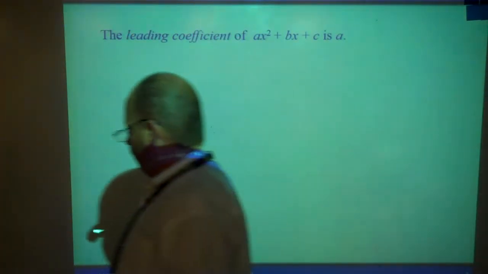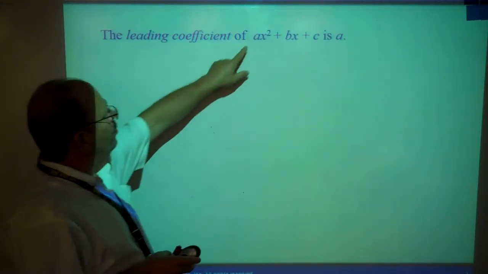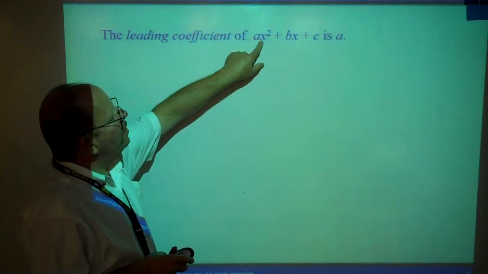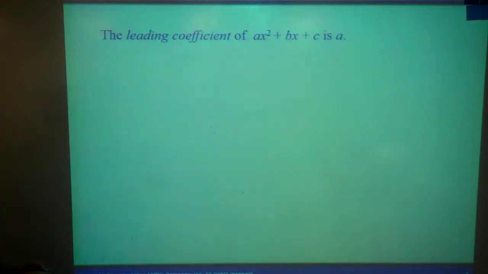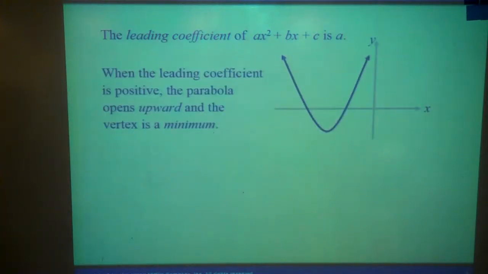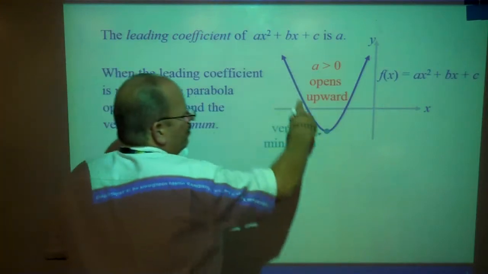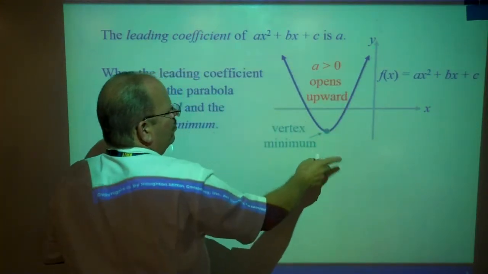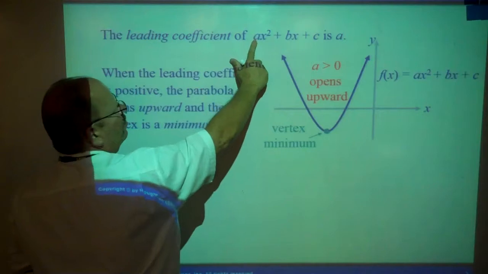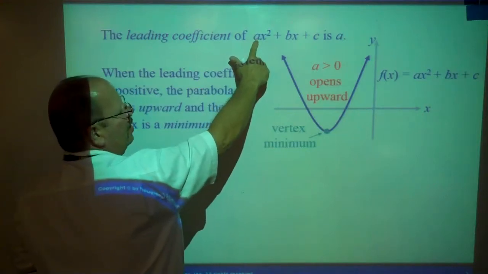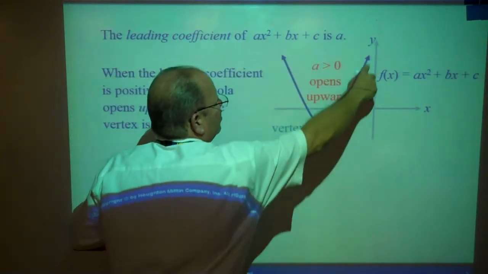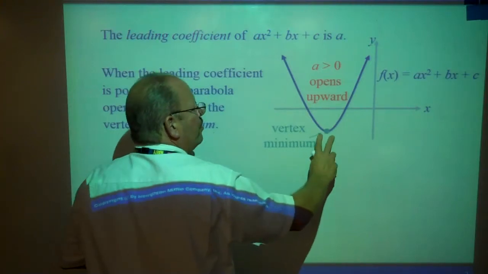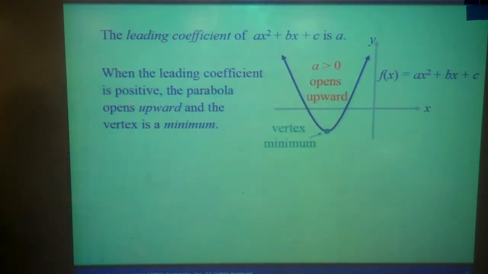The leading coefficient is the coefficient that is with the x squared. When the leading coefficient is positive, the parabola will open upwards, and the vertex will be a minimum, because the parabola is opening up from the vertex.